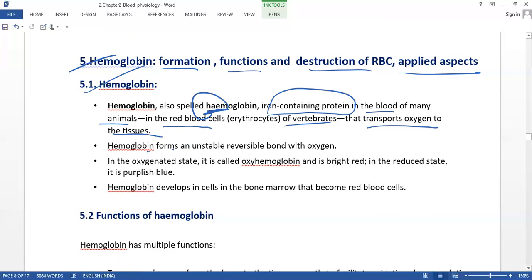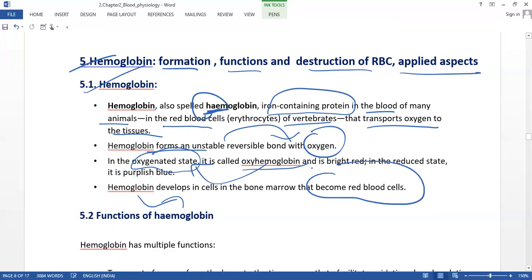This hemoglobin forms an unstable, reversible bond with the oxygen, and in the oxygenated state, this is also called oxyhemoglobin. It is very bright red in color, and in the reduced state it is purplish blue. Hemoglobin develops in the cells in the bone marrow, and they become red blood cells. So it first develops in the bone marrow.